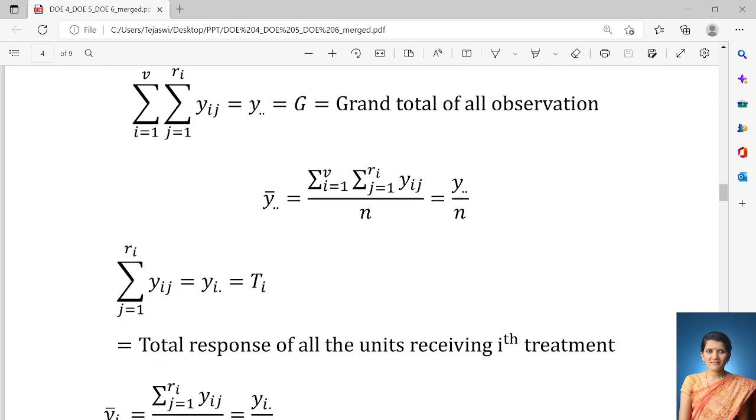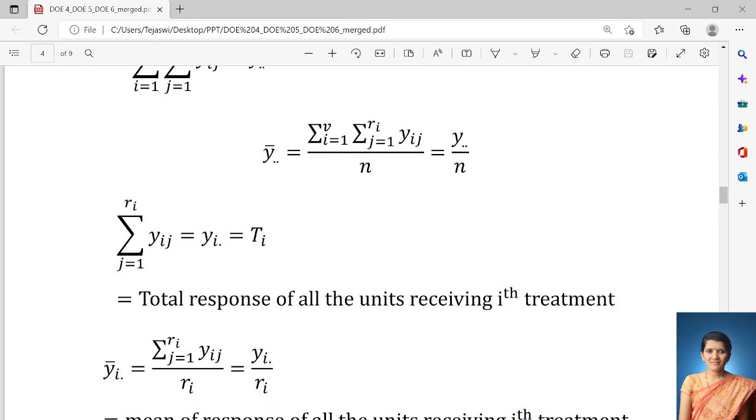Then next, if the observations are summed over the replicates, then this is the treatment total. Sum over the replicates, this is the treatment total, means T1 is the total of the first treatment over all replicates, like the total response of all units receiving the ith treatment.